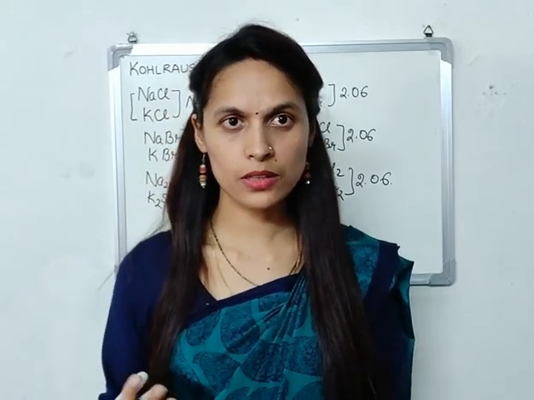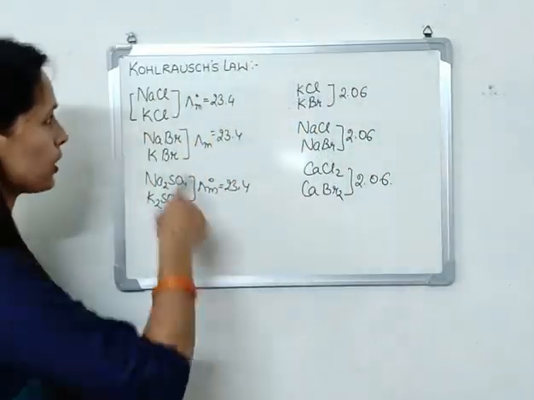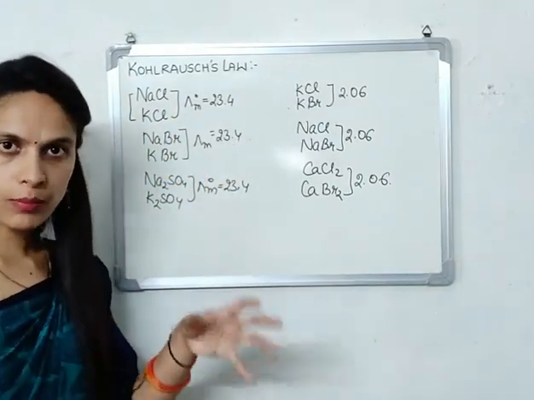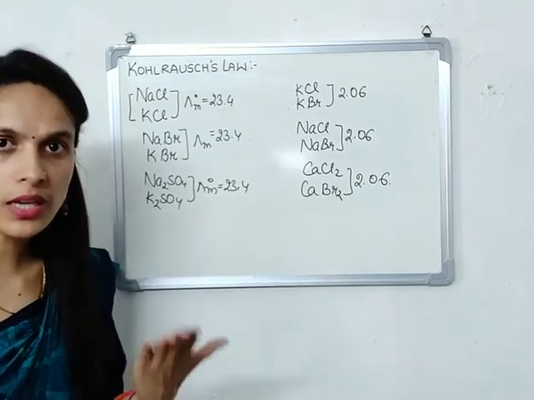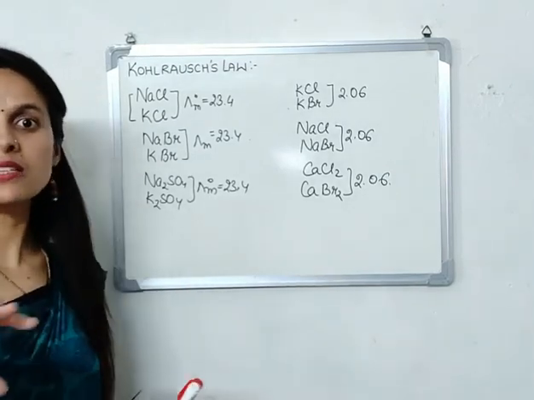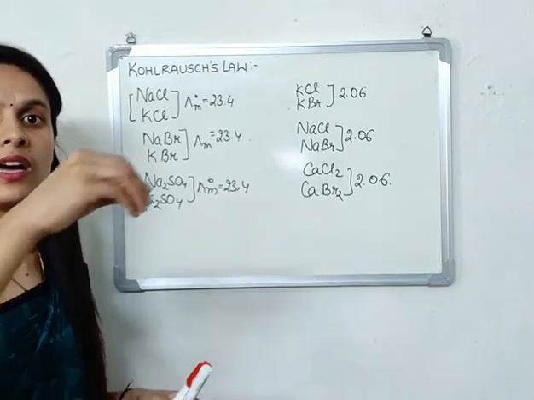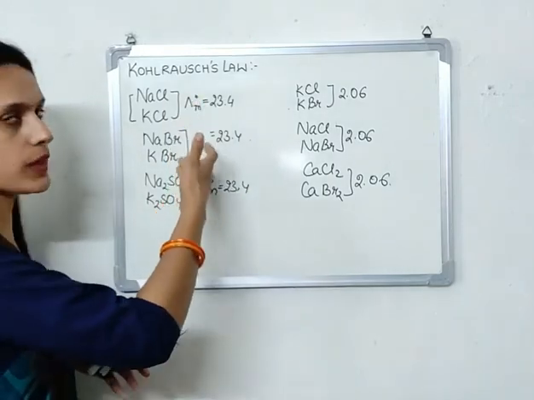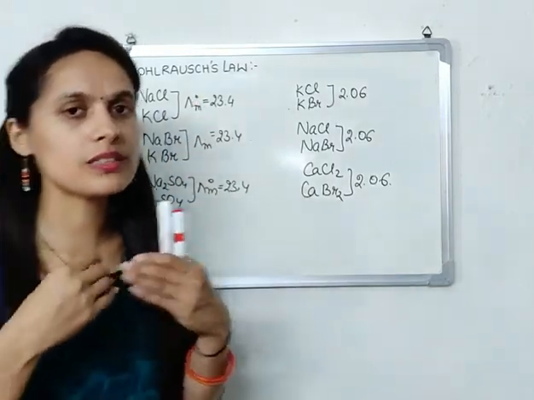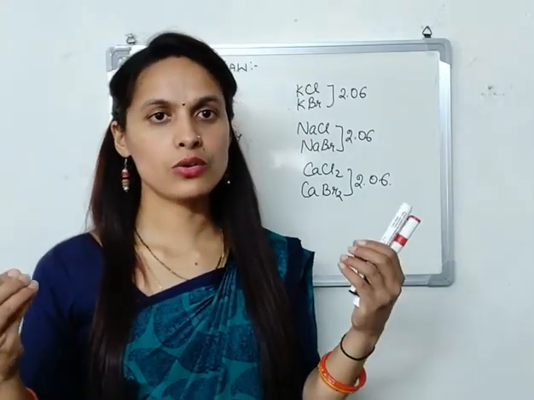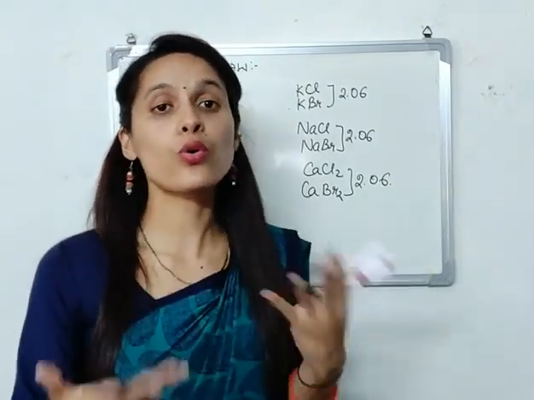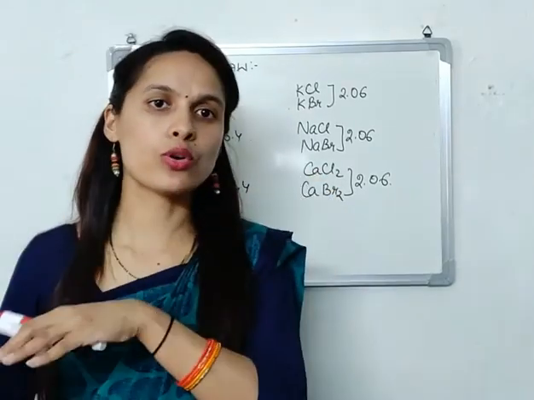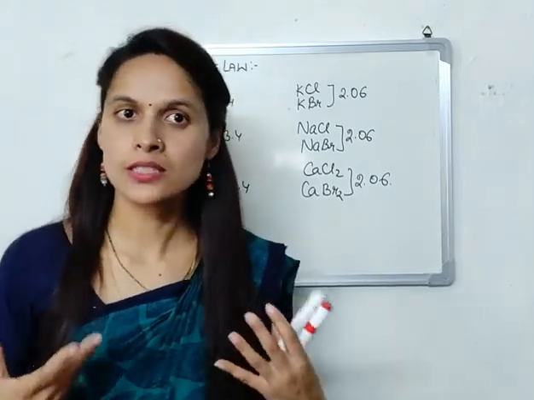It means the contribution of Na positive and K positive towards the total molar conductivity is definite, irrespective of the anion attached to Na and K. Whether it is Cl, Br or SO4, there is no role of the anion. Whatever the anion, the contribution of the cation towards the total molar conductivity remains the same.